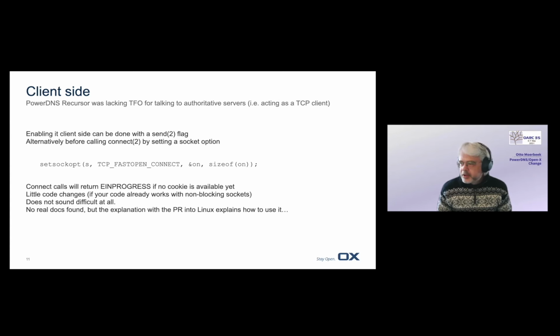There are actually two methods of doing TFO as a TCP client. One is to not do a connect at all, but use a specific flag in the send system call. Alternatively, you can also enable it before you actually do the connect to a server.